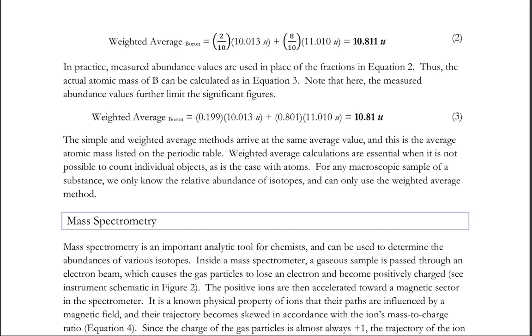Or using our more accurate abundances, the weighted average, the one which would correspond to what's on the periodic table for boron, would be 0.199, that's the abundance divided by 100, times the mass of that isotope, 10.013 u, plus 0.801 times 11.010 u, which would be 10.81. So that would be what we would see on the periodic table for boron.